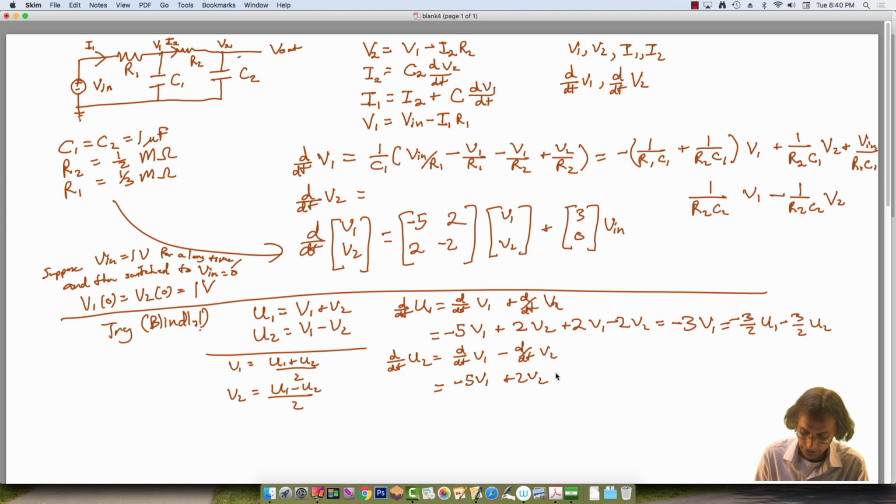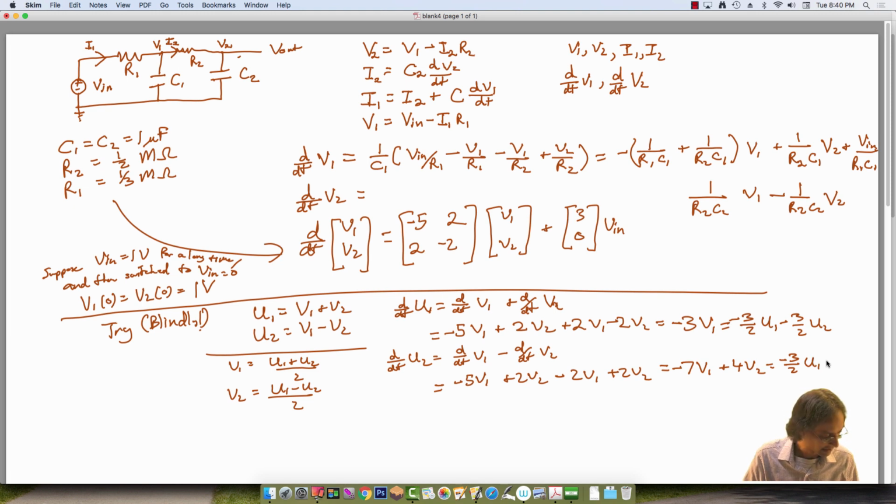So this is as before. Now we have minus sign, minus 2v1 plus 2v2. Combining things together, we get a minus 7v1 plus a 4v2, which turns out to be minus 3/2 u1.